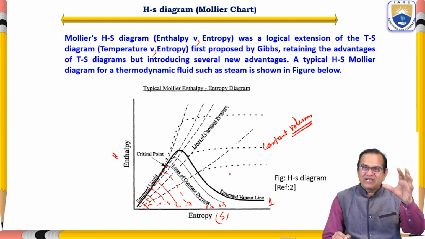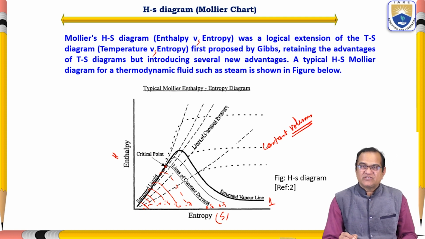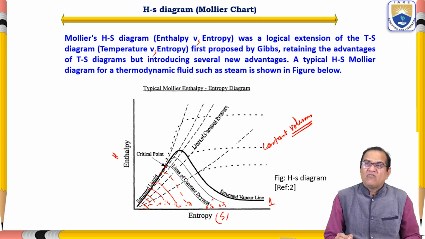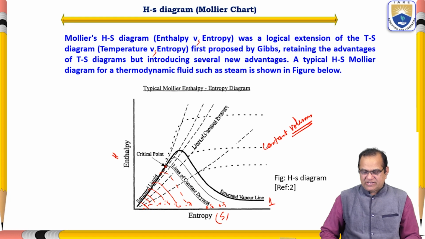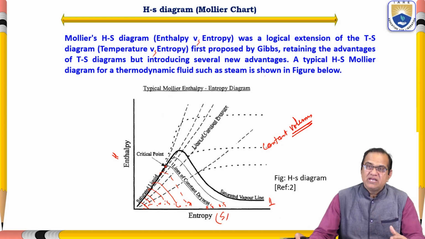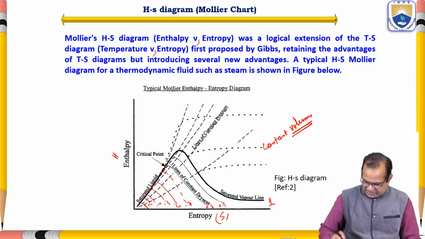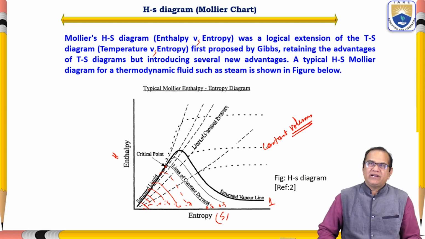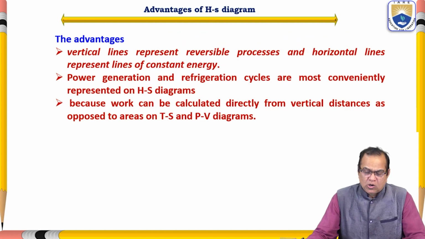In the TS diagram there is only temperature and entropy, but here pressure, volume, temperature, dryness fraction, all these things we can find out with the help of this chart, called the HS diagram or the Mollier chart. This Mollier chart is available with the steam table. Behind the steam table, one big chart is there, and that chart is called the Mollier chart or the Mollier diagram.